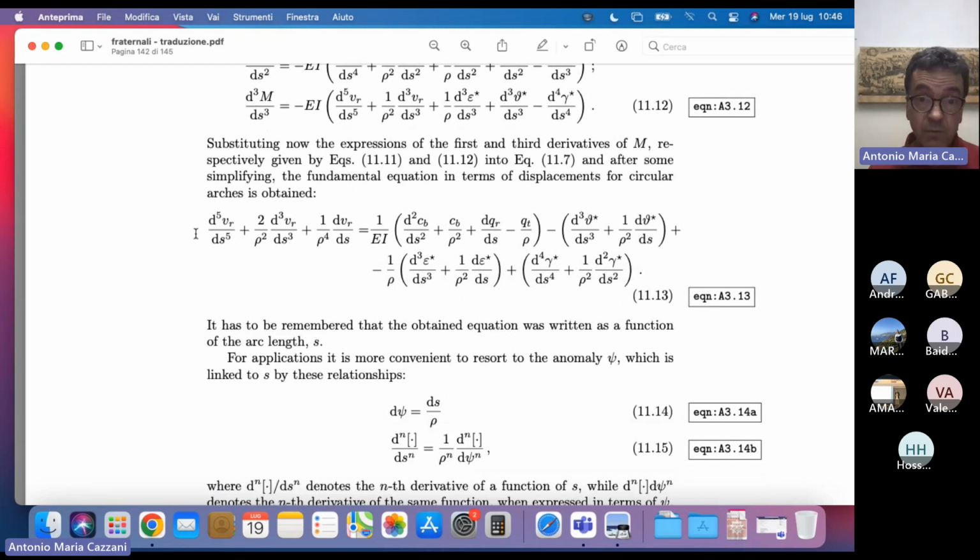And this is a fundamental equation, which is a fifth order differential equation in the radial displacement.